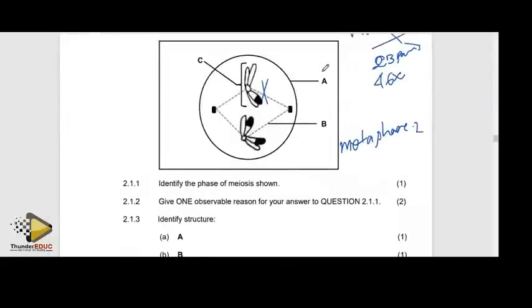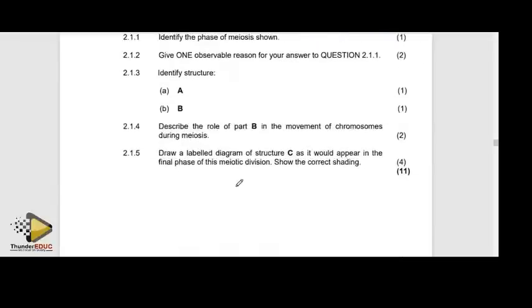A is the cell membrane. Don't confuse the cell membrane with the nuclear membrane. What is outside is the cell membrane. And then B, these are fibers which hold the chromosomes in place, which are spindle fibers or spindle threads.